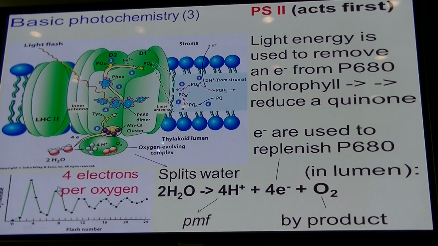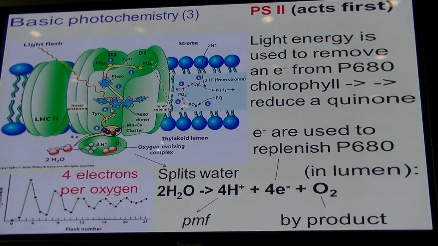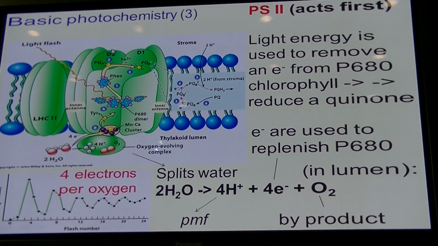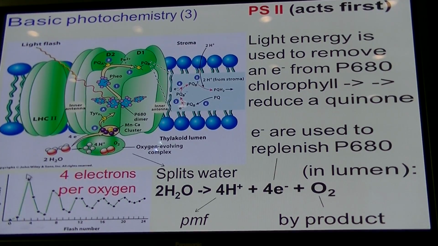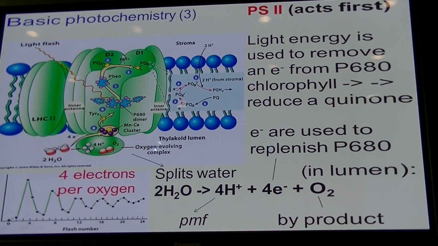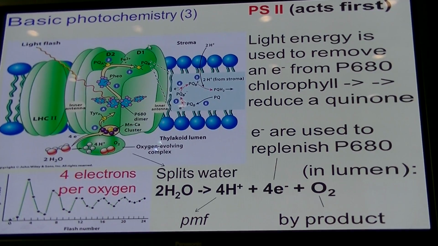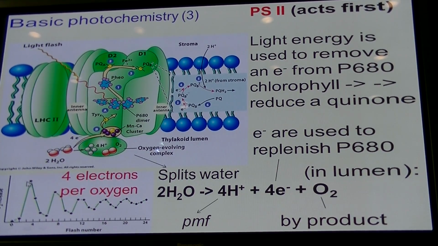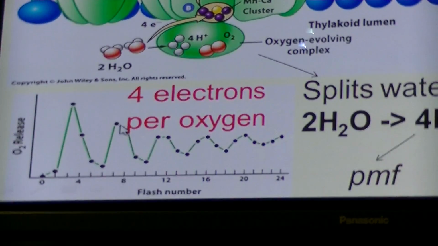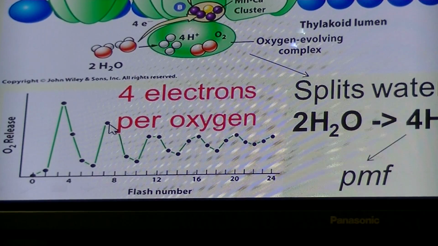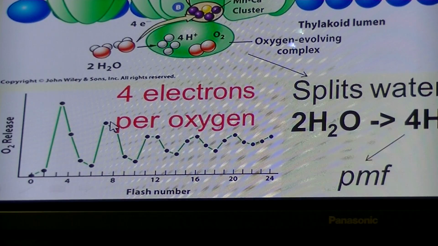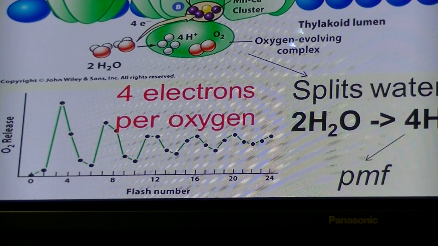And so we can see that for the formation of oxygen, we need actually 4 sequential electron transport events, which we can see if we give short flashes of light that allow this reaction center to only once boost the energy of an electron. So we start at this point here, and giving 1, 2, 3, 4 bursts of light, flashes of light very briefly, and only at the 4th flash do we see that oxygen is released.